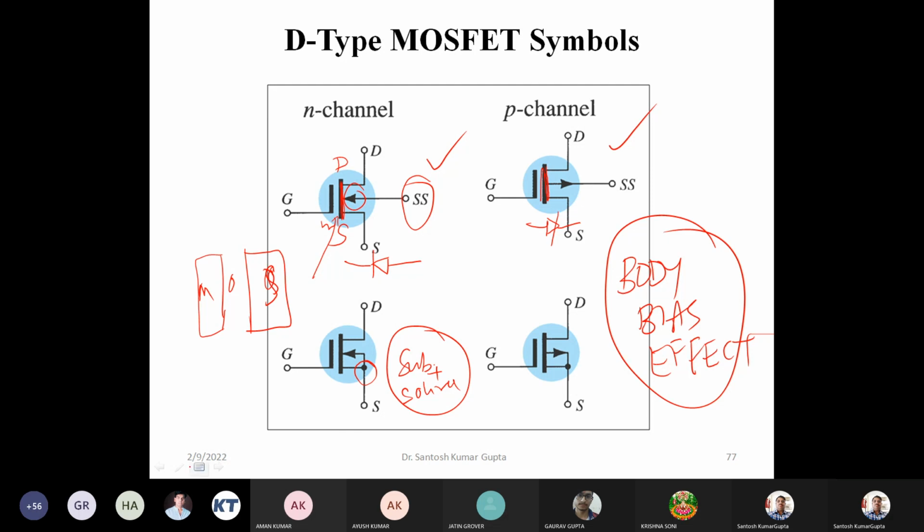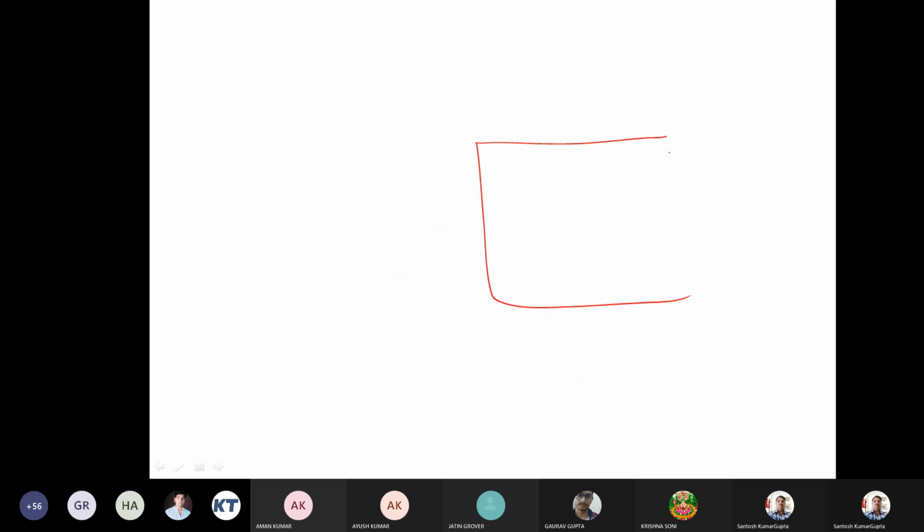So we can see quickly here, if we take say the n channel, for a p substrate, we have the n channel here, source, drain, and this is the n channel.